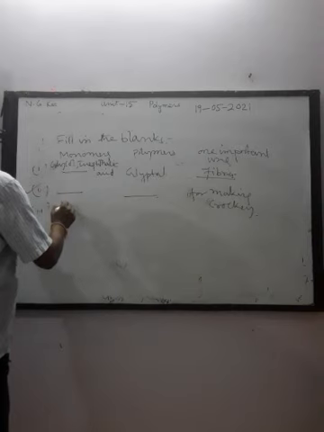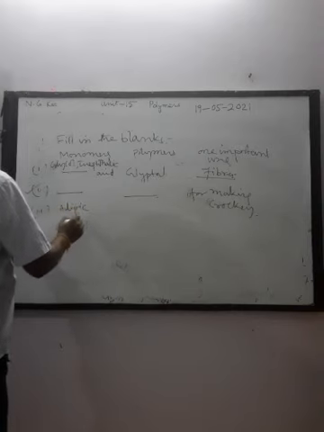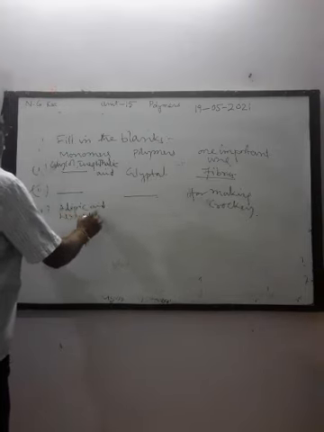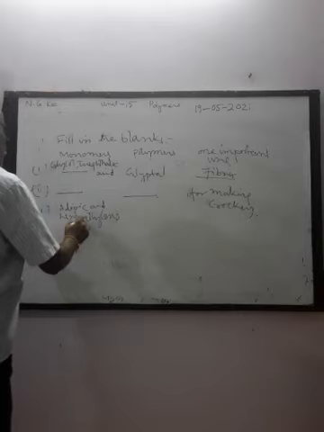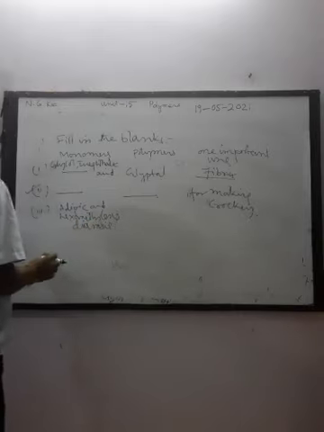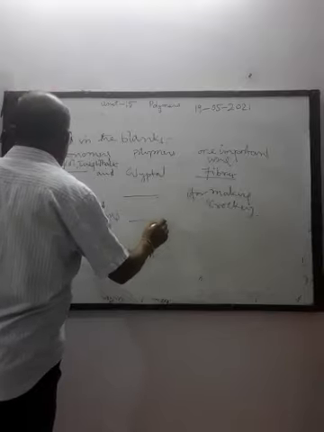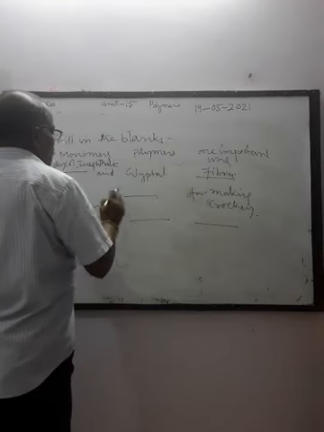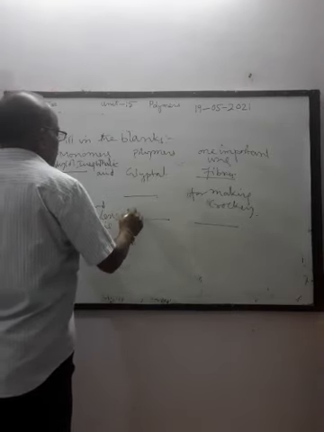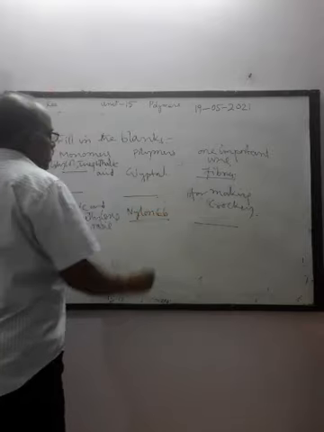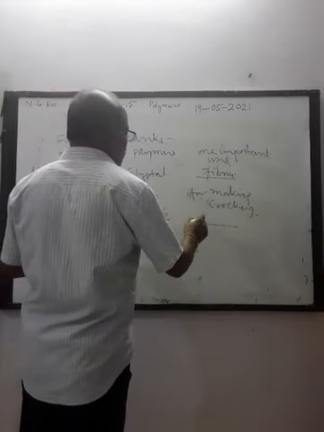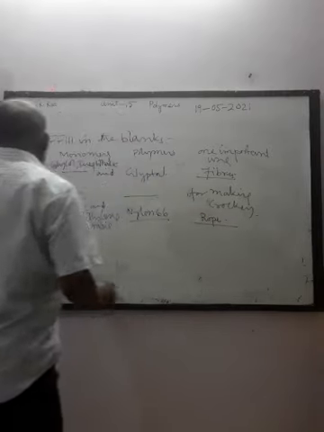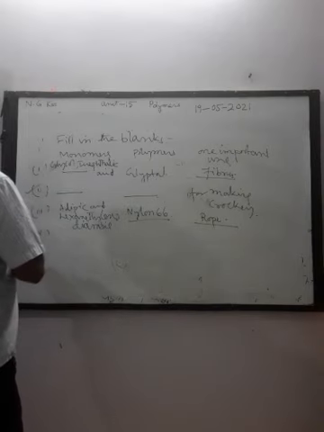Number 1, adipic acid and hexamethylene diamine. What is the name of this polymer and what are the uses of this polymer? This polymer is called nylon 66, also available in the PDF, and this is used as climbing ropes and also bristles of brushes.